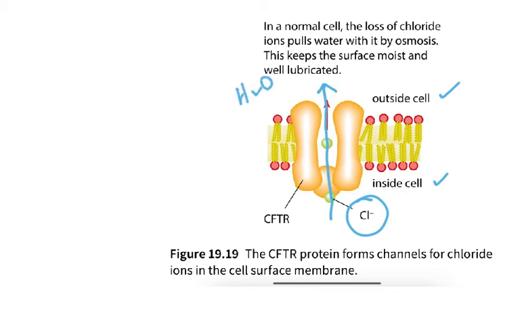And this of course would make the mucus less viscous. Now if this chloride ion channel is not working, if it's made non-functional, then it's not going to pump out the chloride ions. So the chloride ions, if not pumped out, water does not follow, and the mucus is highly viscous.